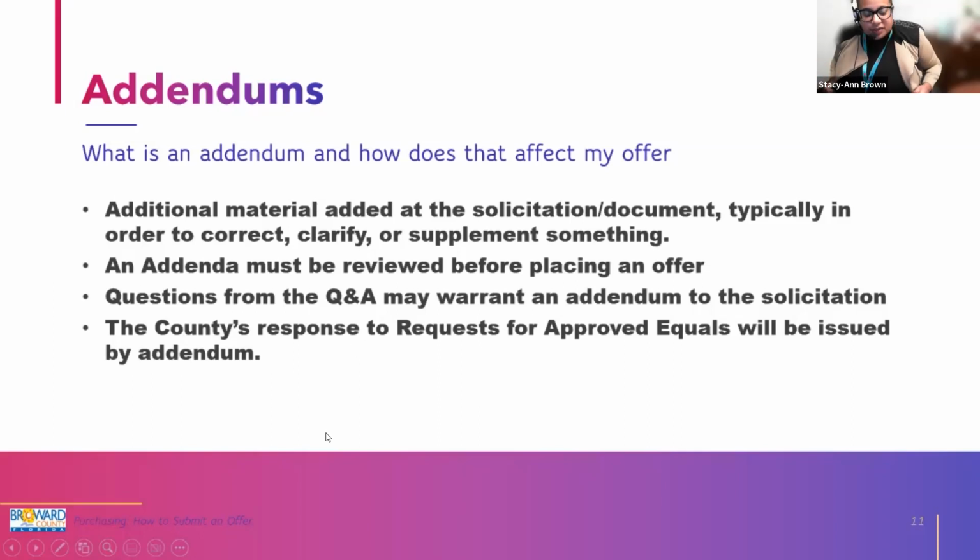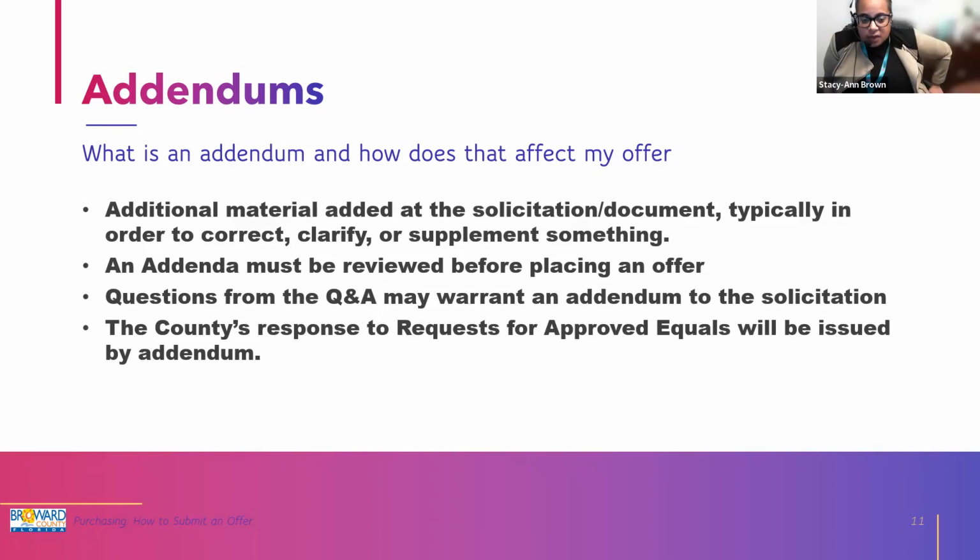Thank you, Pamela. So I just wanted to reiterate, I did mention earlier about an addendum in regards to the request for approved equal. So an addendum is any change, whether that may be an addition, deletion, or just a replacement of a particular document to the solicitation.